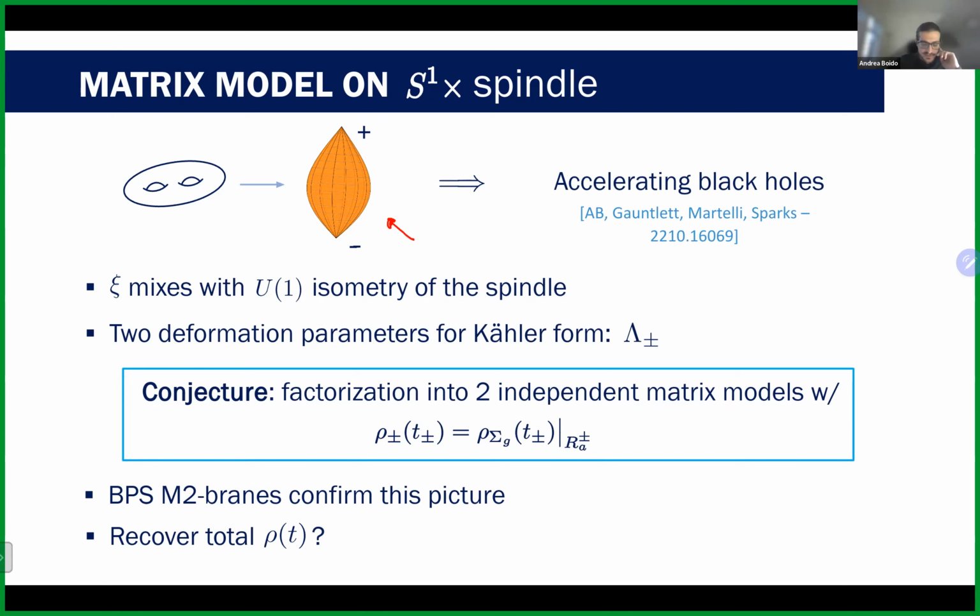So the picture is quite different, and we don't have a clear interpretation at the moment. What we believe is that you have a factorization of these matrix models into two independent ones that live on the poles of the spindle, the plus pole and the minus pole.